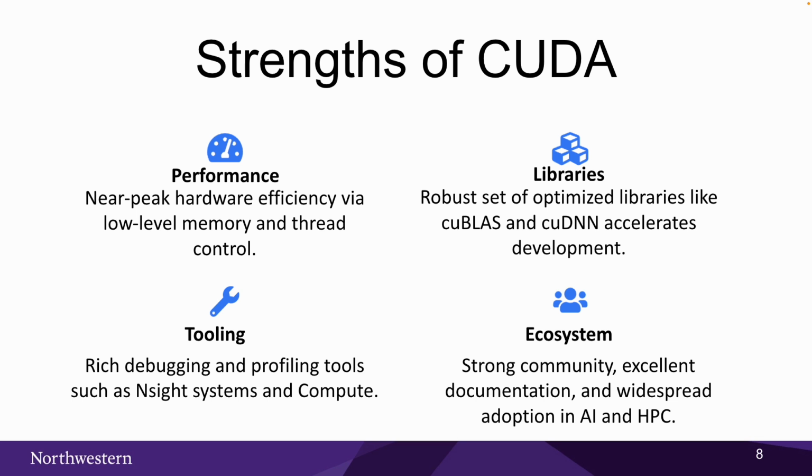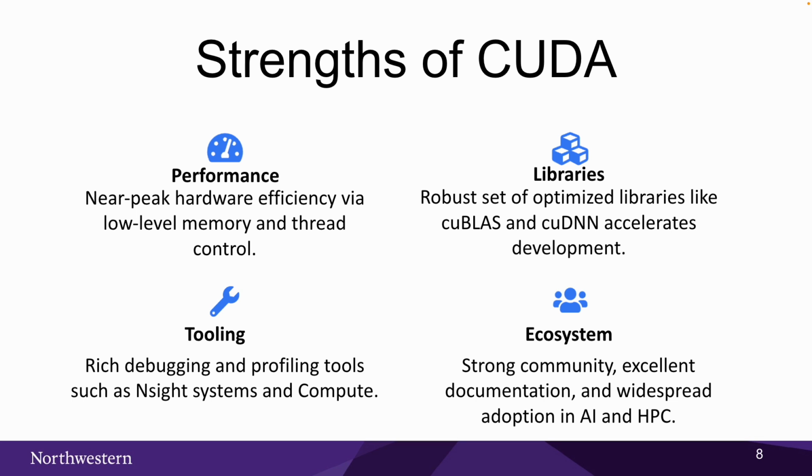So for the strengths of CUDA, its key advantage lies in its ability to extract maximum performance from NVIDIA GPUs. Developers can fine-tune memory access patterns and thread behavior to achieve near-peak hardware performance, crucial for scientific and AI workloads. Its extensive library support, including what we mentioned about cuDNN or cuBLAS and others, enables rapid development without needing to write low-level kernel code.